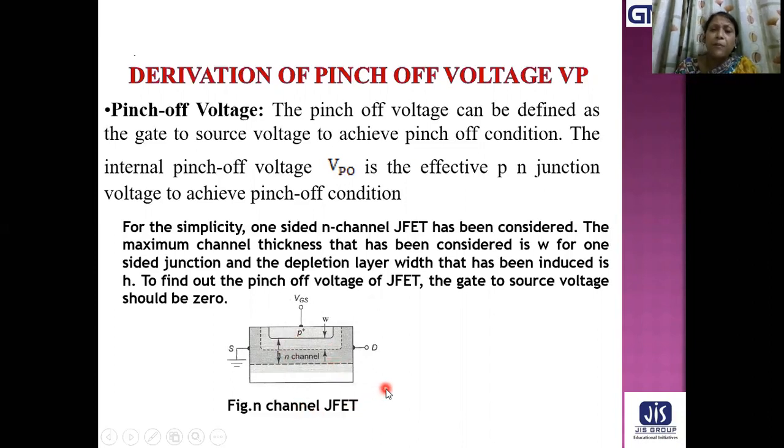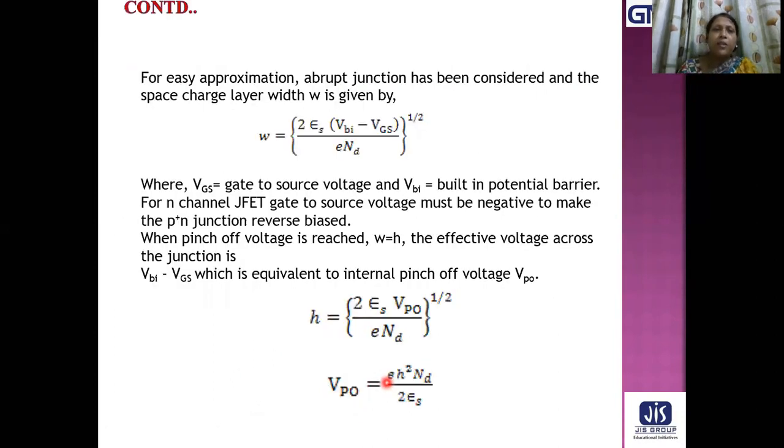To find out the pinch-off voltage of JFET, the gate to source voltage should be 0. So VGS equals 0.